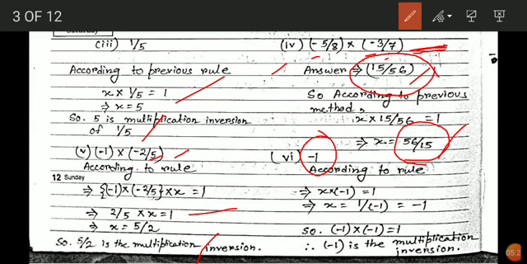According to the previous theory, x into minus 1 equals 1, so x will be minus 1. If we multiply minus 1 into minus 1, it becomes 1. So the multiplicative inverse of minus 1 is minus 1, its own self. This can come in your exams as a fill in the blanks or short type question, so please remember these things.